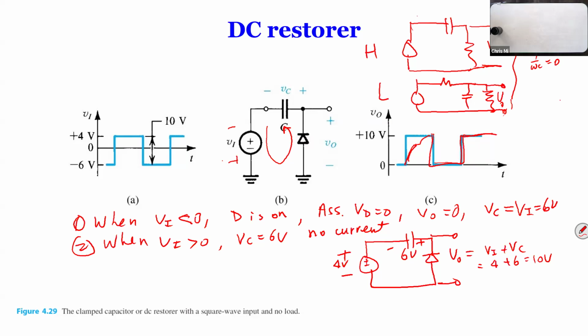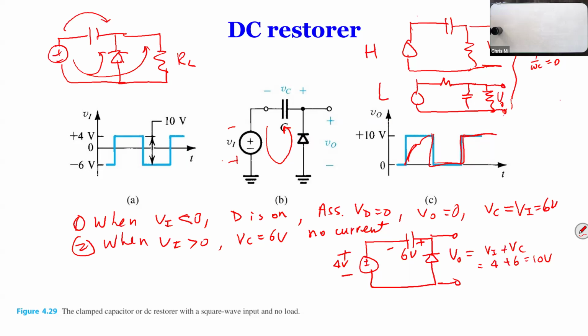Assuming we don't go over breakdown, there will be some loss of voltage. If you have a resistor connected, the current not only goes this way once it's active, it also goes this way. So you lose a lot actually, not just a little bit.